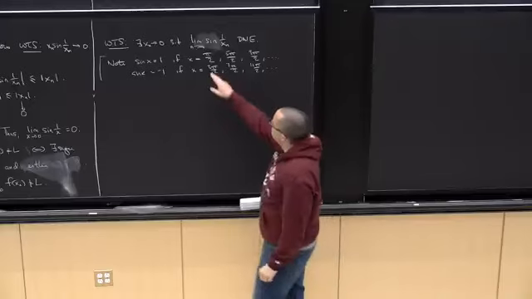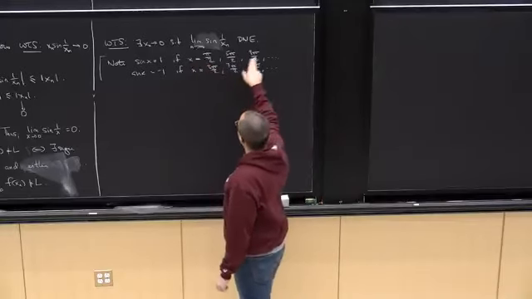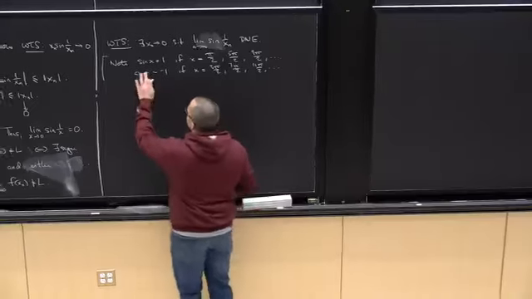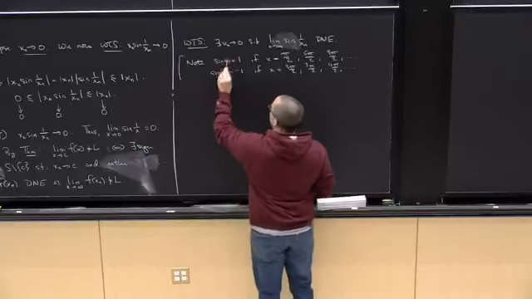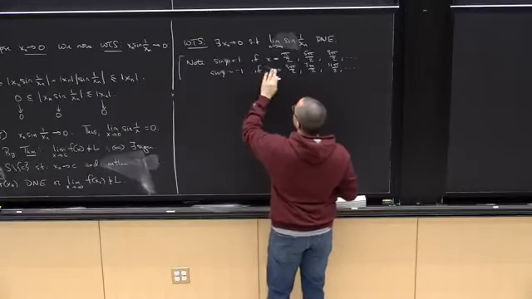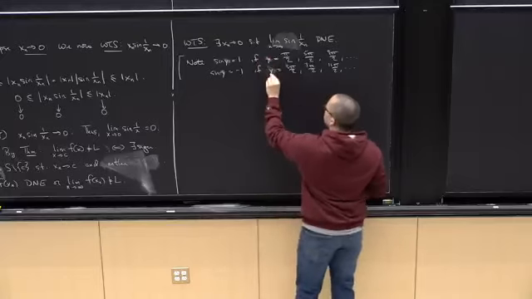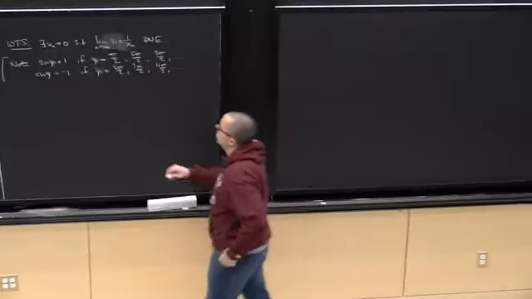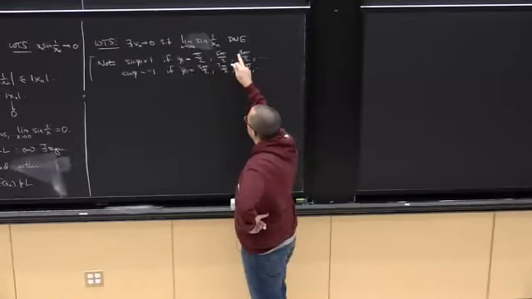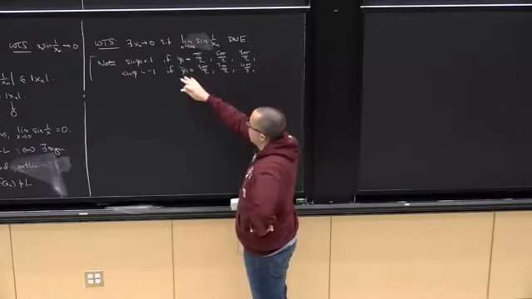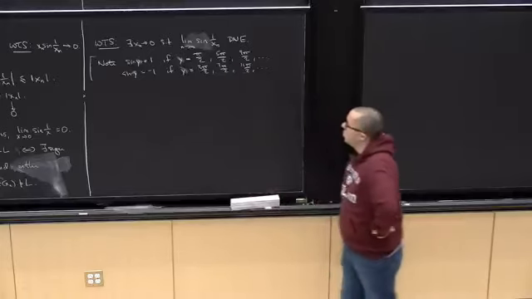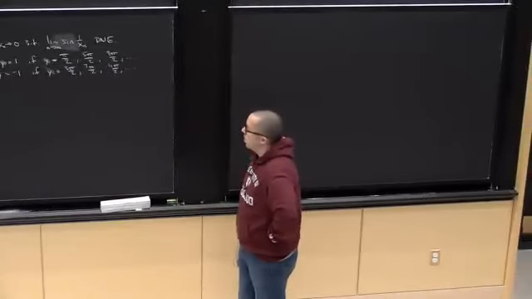So I can stick in things that are getting bigger to sine and get 1 or minus 1. And in fact, let me change this to y since we're using x, to be essentially 1 over y. If I stick in pi over 2, 5 pi over 2, 9 pi over 2, and so on, I get sine equals 1. If it's 3 pi over 2, 7 pi over 2, 11 pi over 2, and I stick that into sine, I get minus 1.